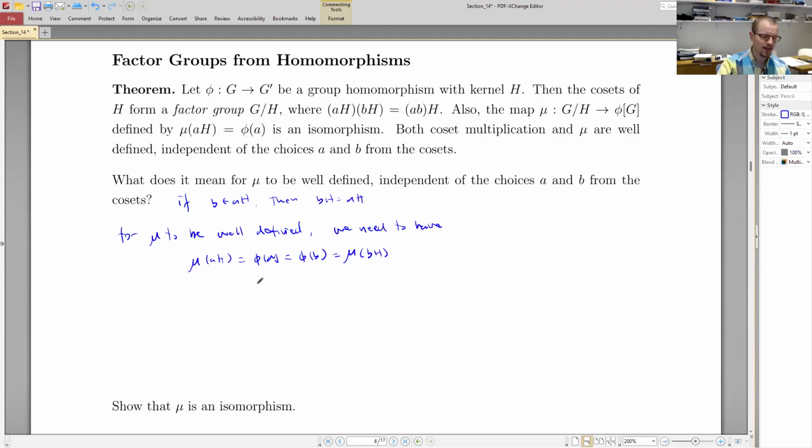Because of that previous discussion, we get exactly what we're looking for, since we can observe that AH is all of the things g in G such that phi of g is equal to phi of A. That's our understanding of it from an equivalence class viewpoint. Indeed, mu is well defined.